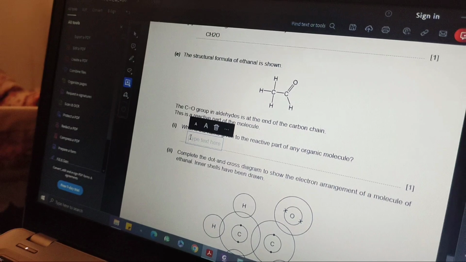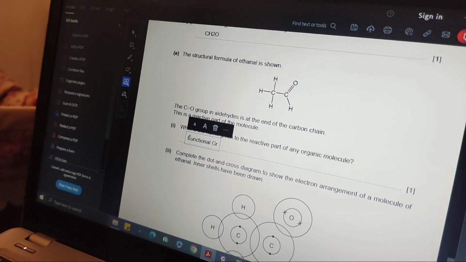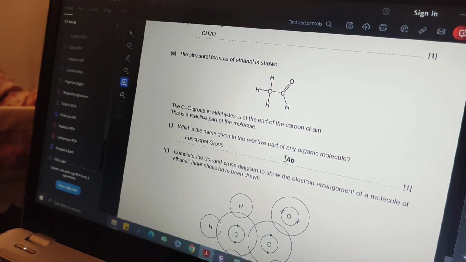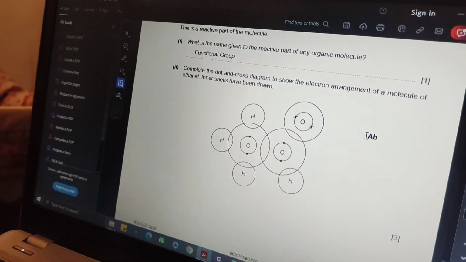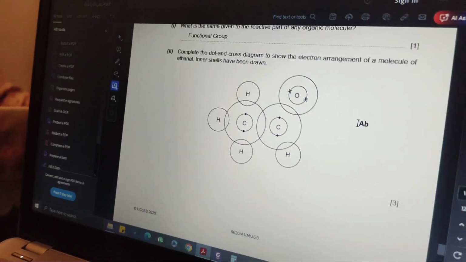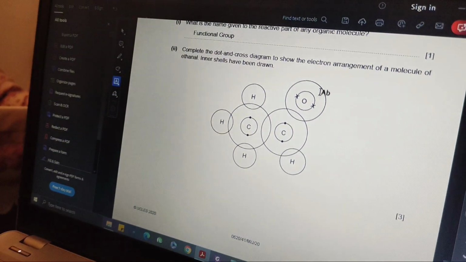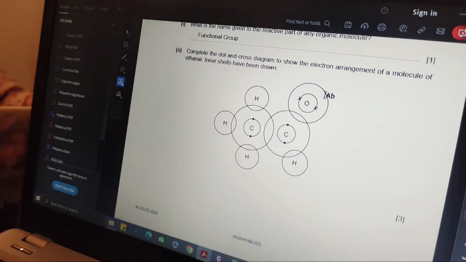In all organic molecules, the functional group attached to the organic molecule determines the reactivity of that molecule. Complete the dot and cross structure diagram for this part here. For oxygen, crosses are given. It is the second shell of oxygen, so we'll be providing the crosses here.